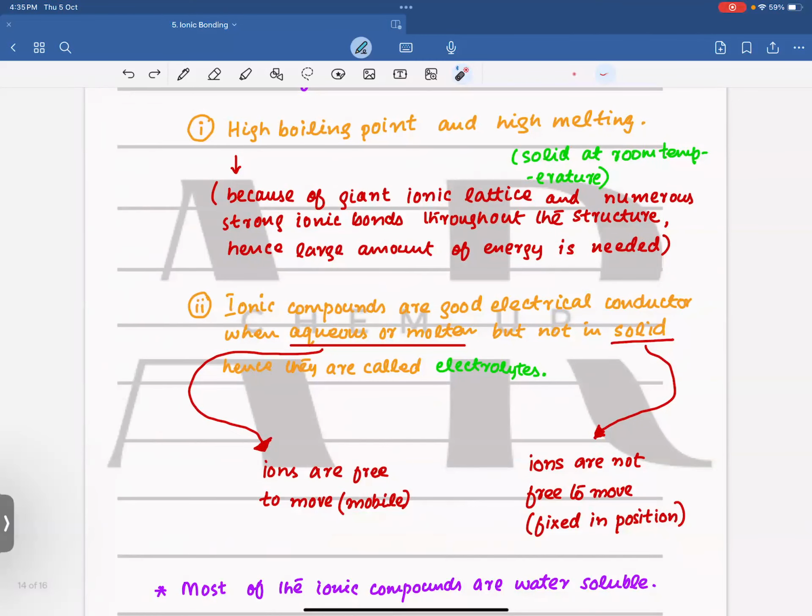So the ions are free to move, or mobile, when the compound is in its aqueous or molten state. That's why it conducts electricity. But when it turns solid, the ions are fixed in the lattice. They are not able to move. That's why it does not conduct electricity. Is this understandable? Yes, Sania? Yes, Khatija? Yes, sir.